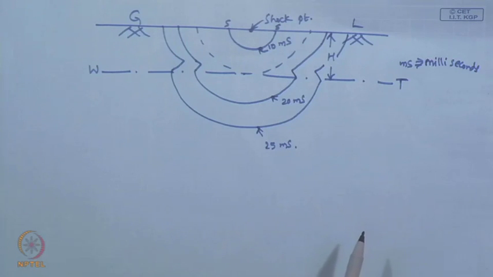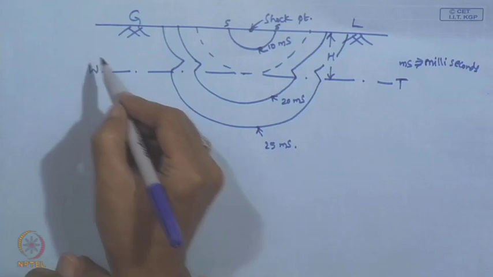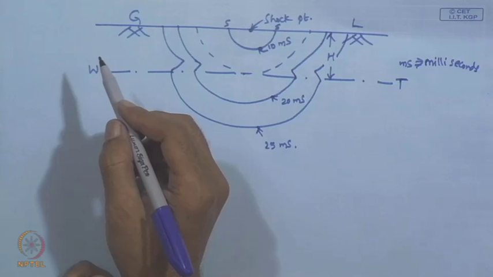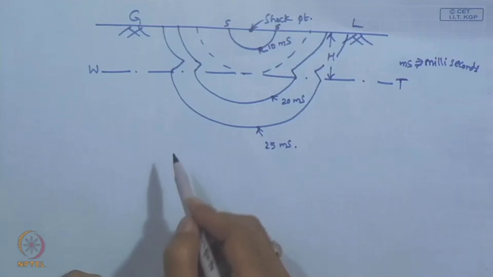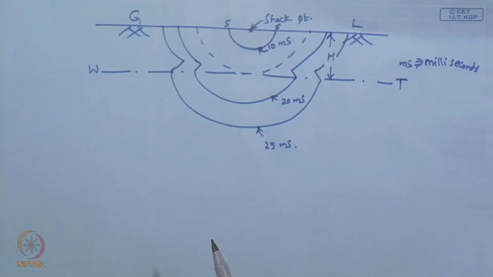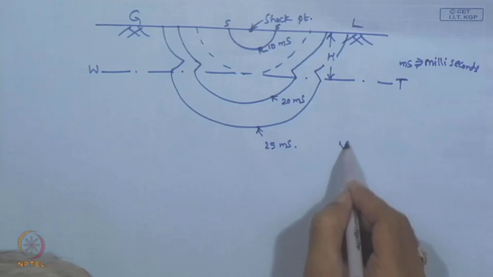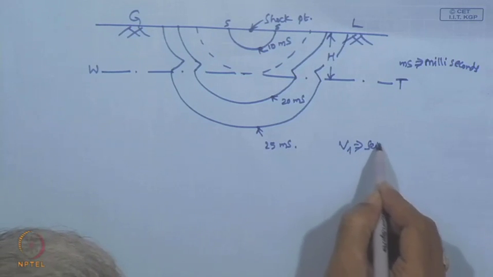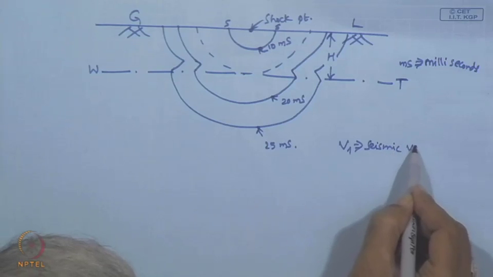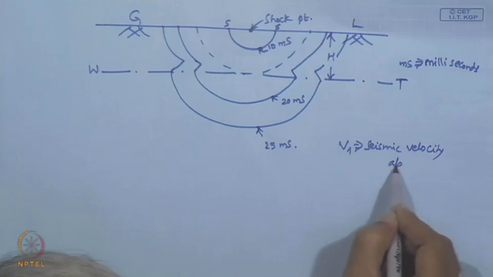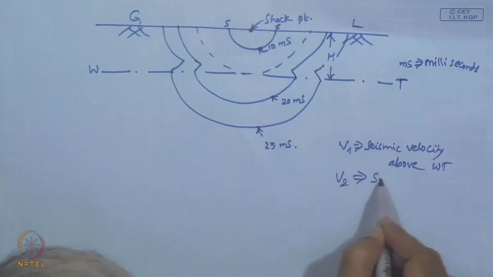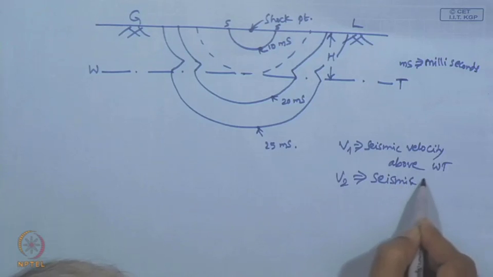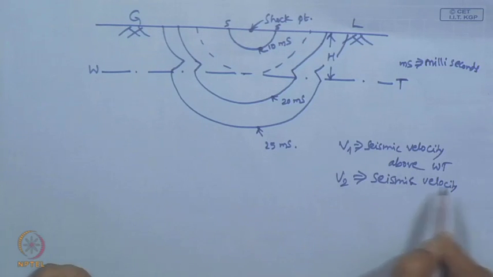So, in this case, V1 is the velocity of the seismic wave above the water table, and V2 is the velocity of the seismic wave below the water table. So, V1 is seismic velocity above water table, V2 is seismic velocity below water table.